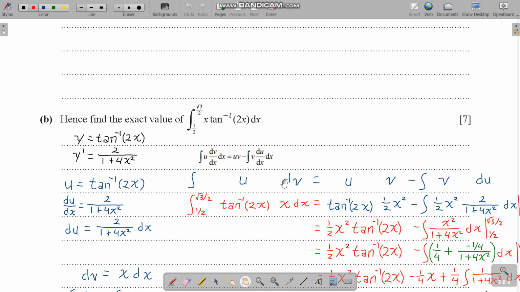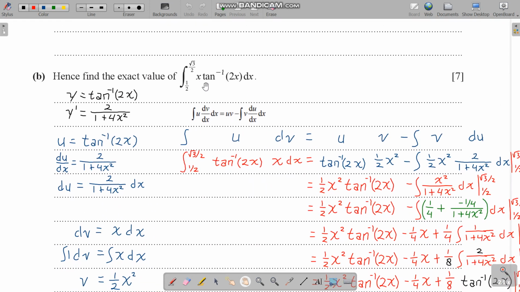Now the second part, find the exact value of this integral. First of all, we have the integration by parts formula, and you can just use this form: integral u dv equals uv minus integral v du. To identify the u and the dv, because previously we know the derivative of inverse tangent is this, we are going to have to differentiate inverse tangent, which means the u would be the inverse tangent and the dv would be x dx.